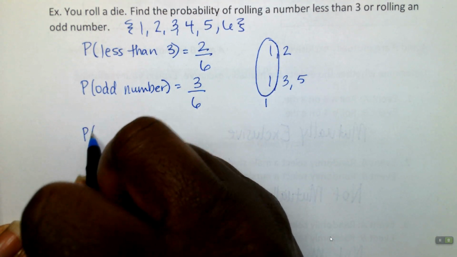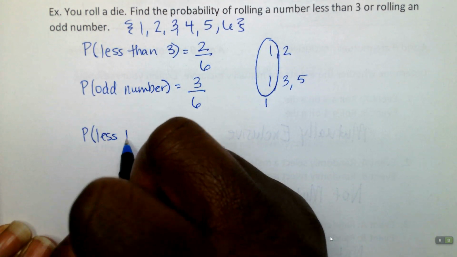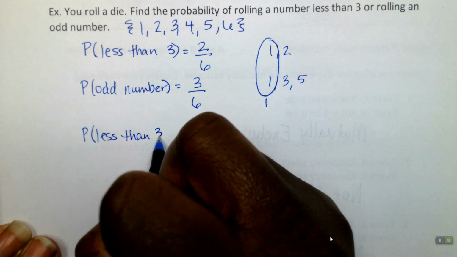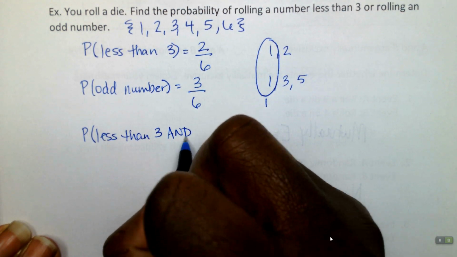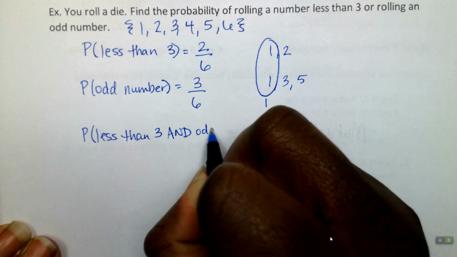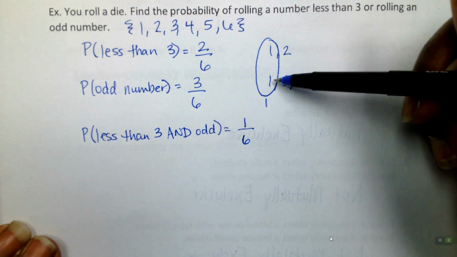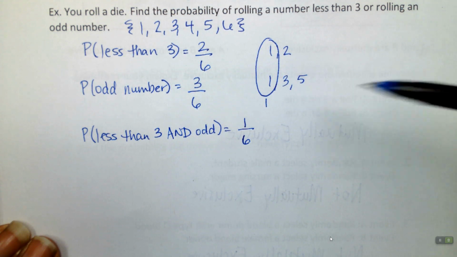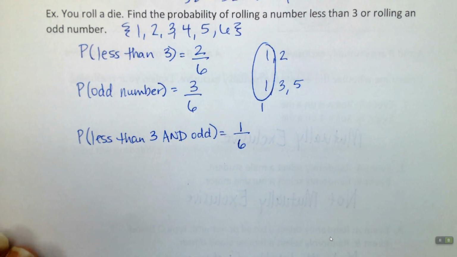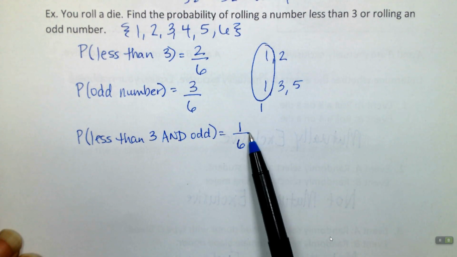So there was one number that was less than 3 and odd. So we're not looking at the number 1. We're looking at how many numbers do we have in common. And we only had one number in common. And that's why we have that 1.